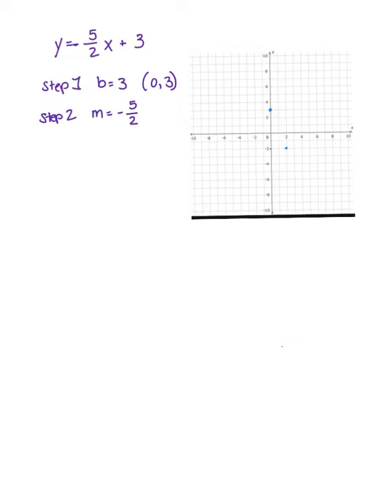So if I go from 3 and up 5, that's going to be at 8. And then left 2, I'm going to go over negative 2. And that's my point. So I can do either one of those because I can choose which one I want to be negative. Okay, but remember, if they were both negative, they'd cancel out. So you either want to do up 5 or down 5 and right 2 or left 2.